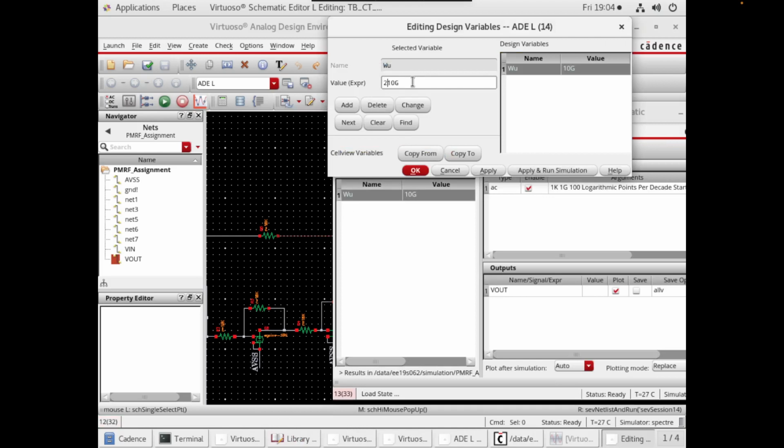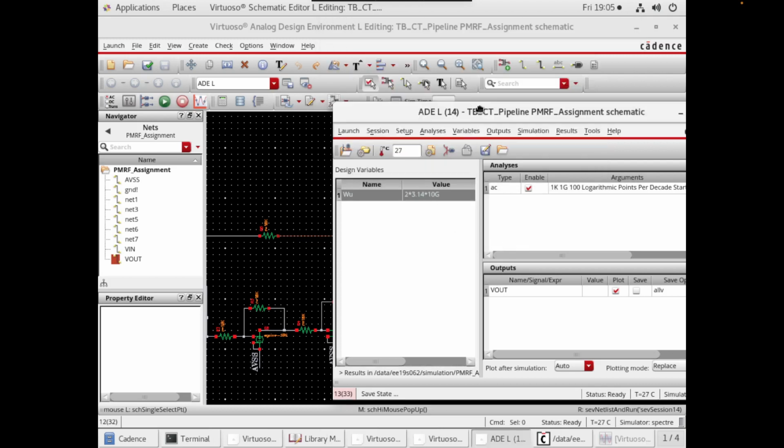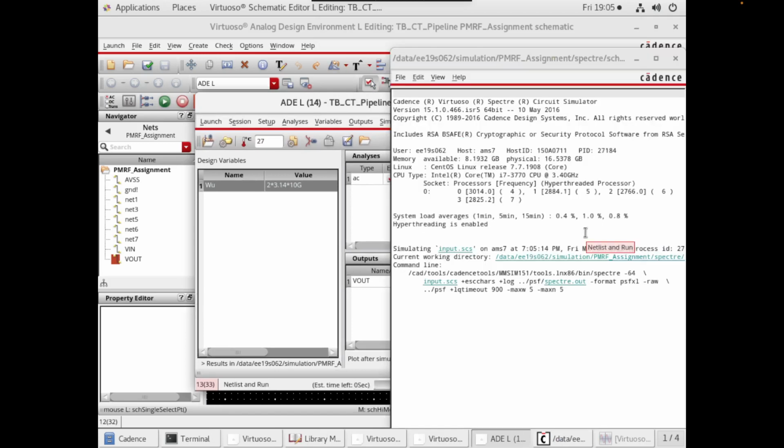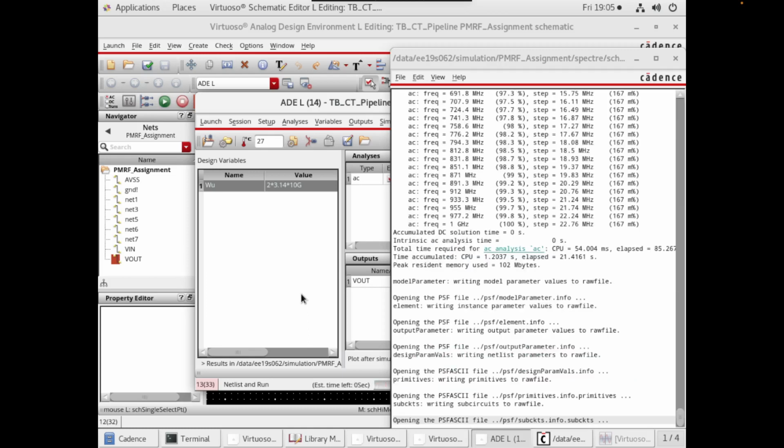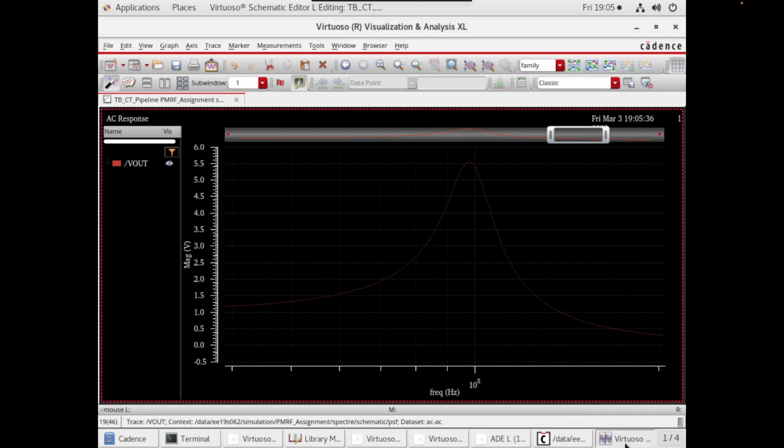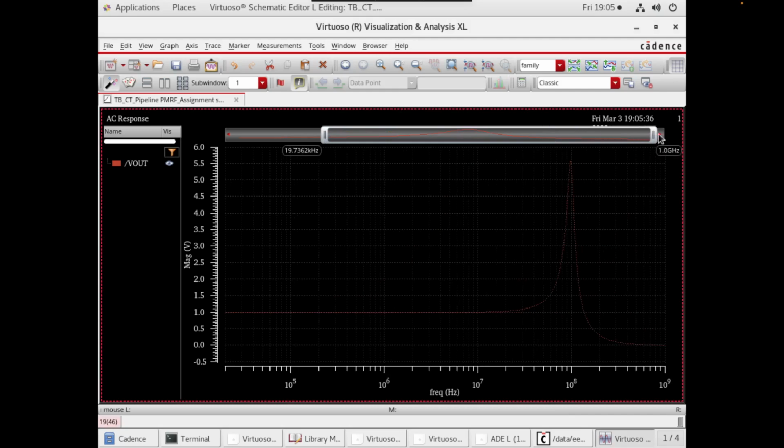Sorry for that. So here you can see the revised transfer function.